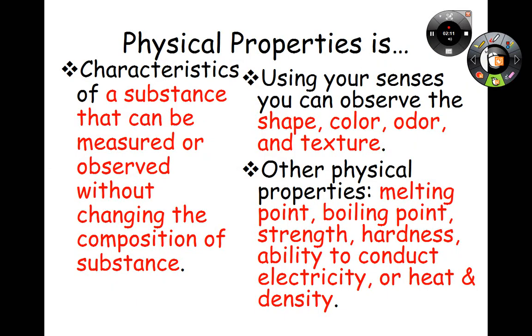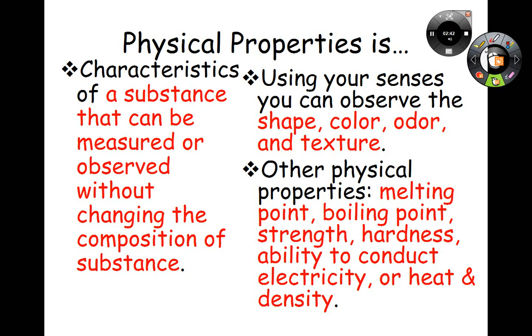A physical property is a characteristic of a substance that can be measured or observed without changing the composition of that substance. You can use your senses to observe the physical properties or help you measure these physical characteristics. Characteristics like shape, color, odor, and texture.